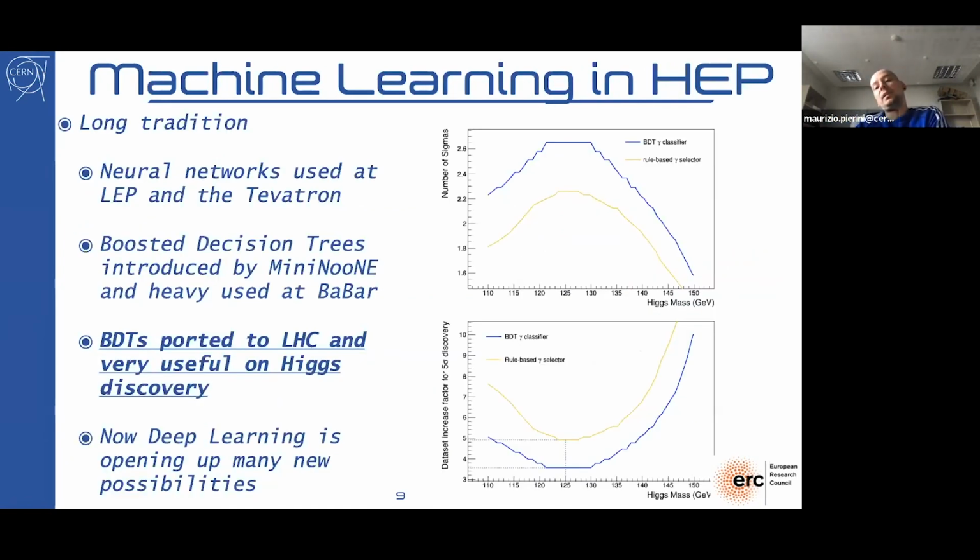The reason why this happened is summarized in these plots: by using machine learning, we basically anticipated by a factor 2 the statistics, the discovery, in terms of amount of data that you need. And so, of course, we would have discovered the Higgs boson, but it would have been 2016. And you say, okay, what's the big deal?